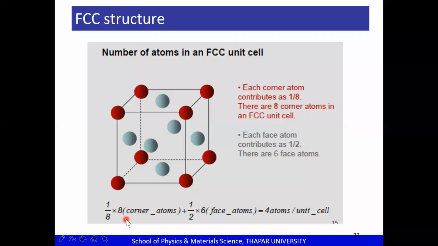So 1/8 into 8 gives you one effective atom in the unit cell. And then we have 6 faces, each occupied by one face atom. So 6 into the contribution of a face atom, which is half because it is shared between two neighboring unit cells. So 6 into half makes 3, and 1/8 into 8 makes 1. The effective number of atoms comes out to be 4 atoms per unit cell.